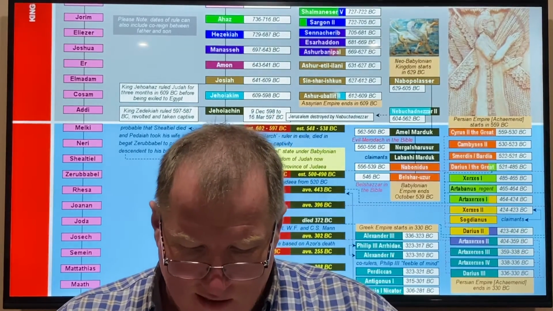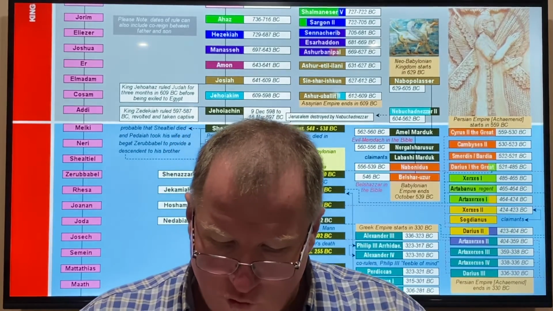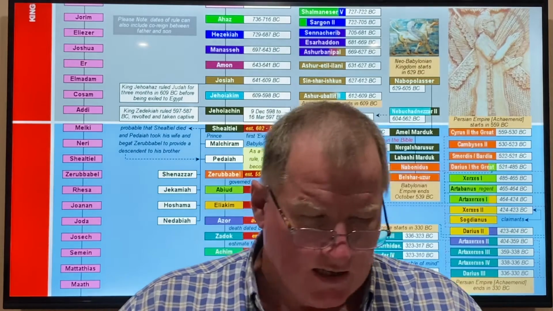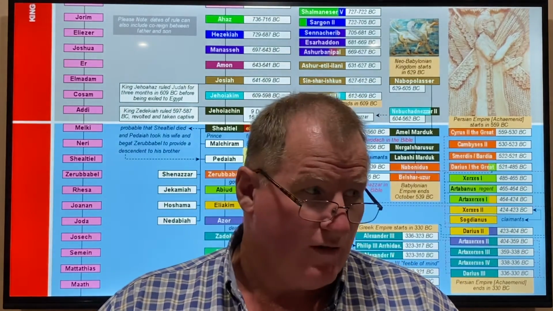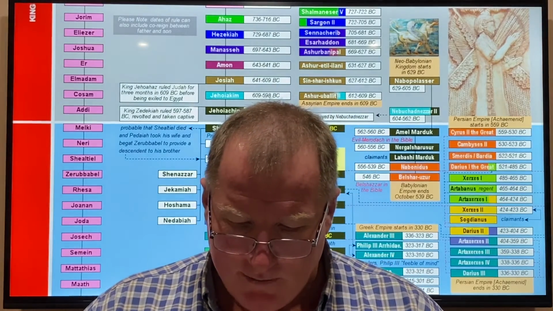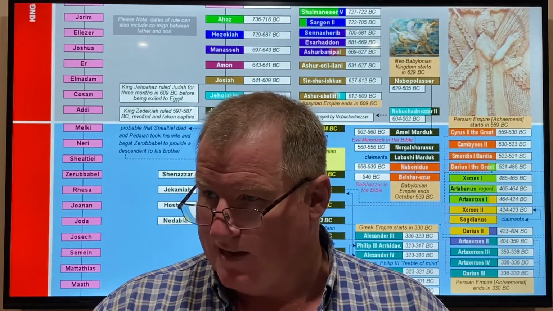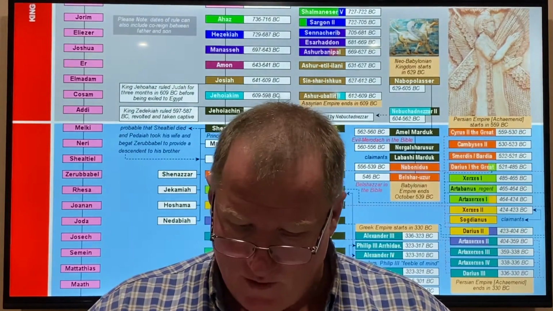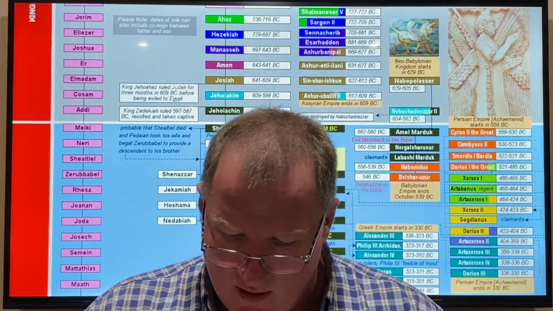So Shealtiel and his brothers, incarcerated with their father in the prison of the northern palace, had always been provided for from the royal storehouse of King Nebuchadnezzar, which we had a look at when we talked about Jehoiachin's ration tablets, a tablet which was inscribed, which is still available from history today, which tells you how much food and oil, etc. they were receiving from the king while they were in captivity.